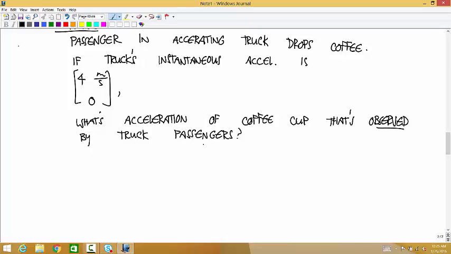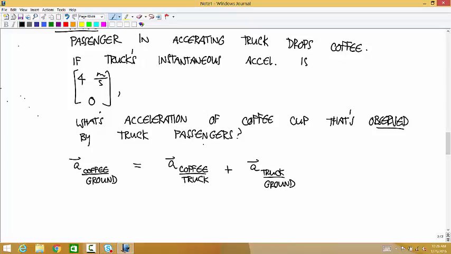And so the way to calculate that is the acceleration of the coffee relative to the ground, coffee ground, is equal to the acceleration of the coffee relative to the truck plus the acceleration of the truck relative to the ground.